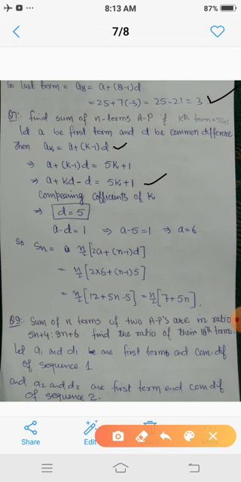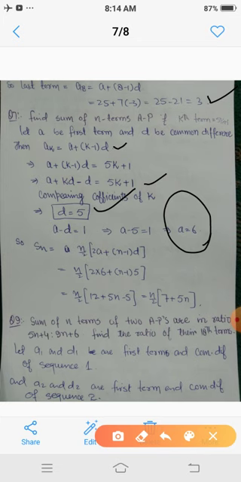So comparing the coefficients of k as well as the constant terms: in the LHS the coefficient of k is d, and in the RHS the coefficient of k is 5, which implies that d is 5. And the constant term from the LHS is a minus d, and from the RHS it is 1. So this means a minus d equals 1, or a minus 5 equals 1, which implies that a equals 6.